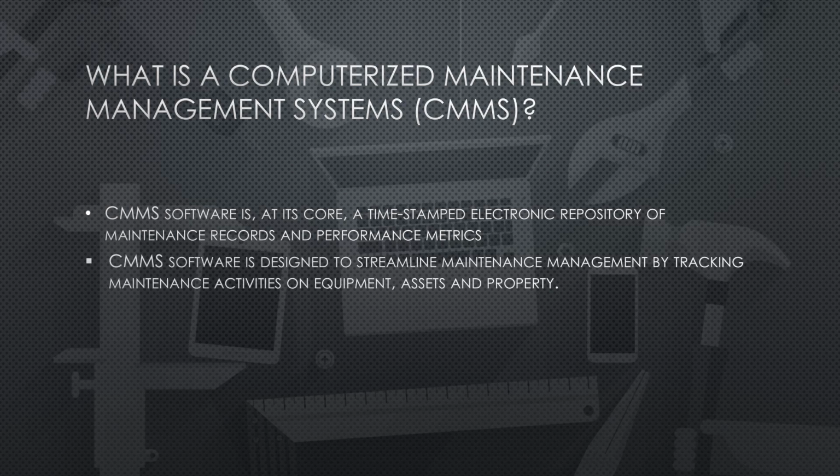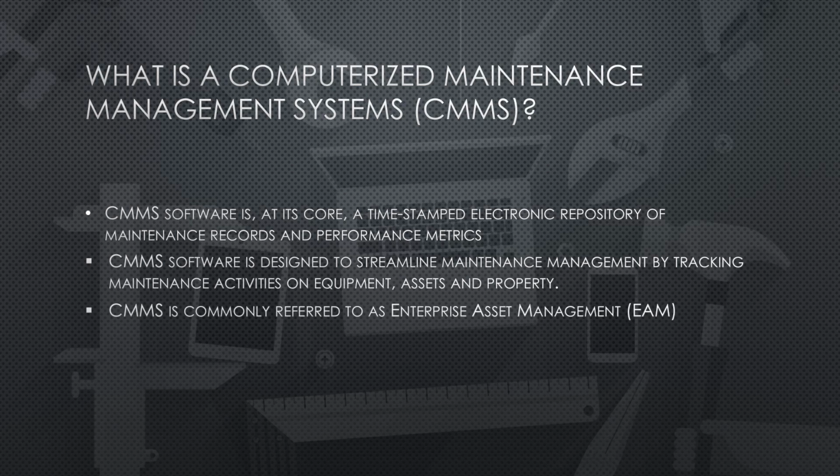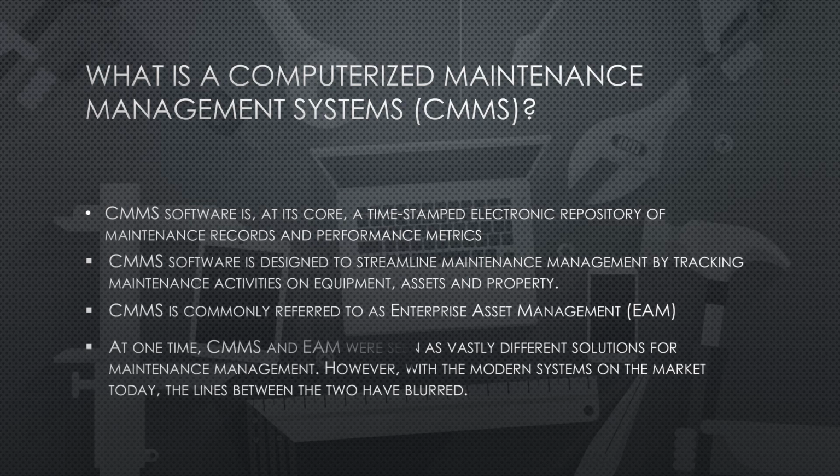It does this by recording maintenance activities on equipment, assets, and property. Some CMMS applications are referred to as Enterprise Asset Management Systems, or EAMs. At one time, CMMS and EAMs were different applications, but in recent years, the lines between the two have been blurred.